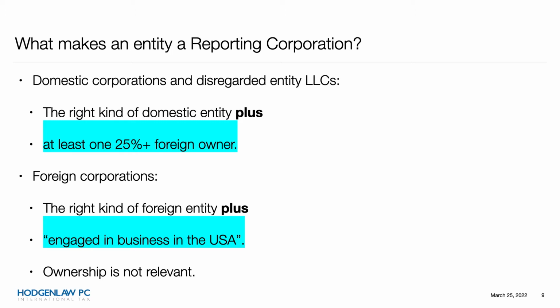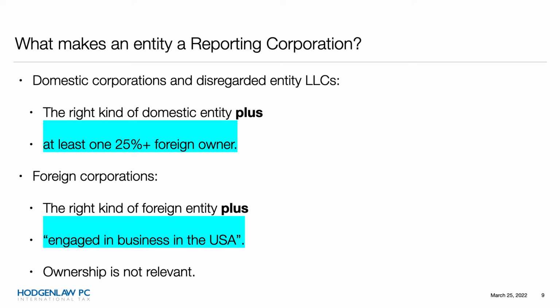Still, the idea for a foreign corporation being a reporting requirement is the same, because if you have engaged in trade or business in the United States and they're filing a Form 1120-F and basically calculating their taxable profit in the United States the same way that a domestic corporation would, there's the opportunity for stripping income out of the United States and sending it overseas and outside the U.S. tax system, and that's what's trying to be captured here.